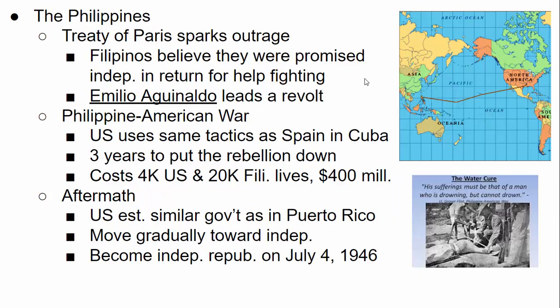Okay, so remember when I kept saying, remember what we're doing to the Philippines because that will be important later. Here we go with the Philippines, okay? So in the Philippines, the Treaty of Paris is going to spark outrage, okay? The Filipinos believed that by virtue of fighting alongside us in the Spanish-American War, that they would get independence.